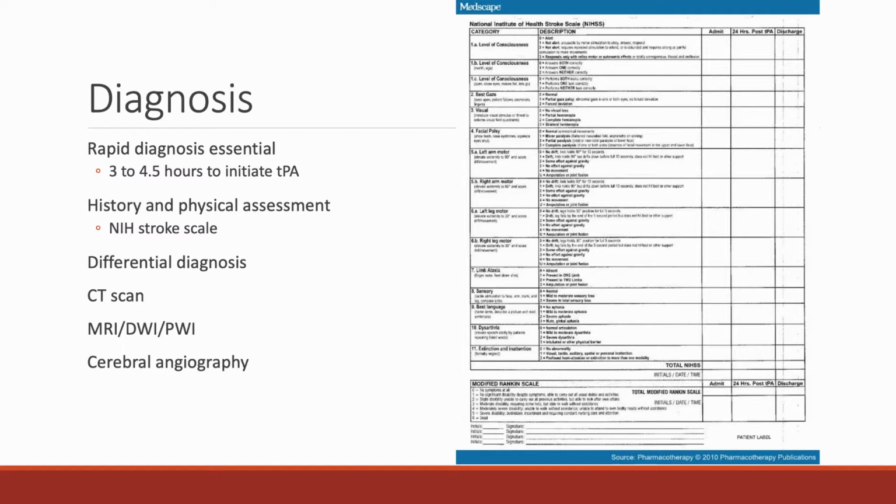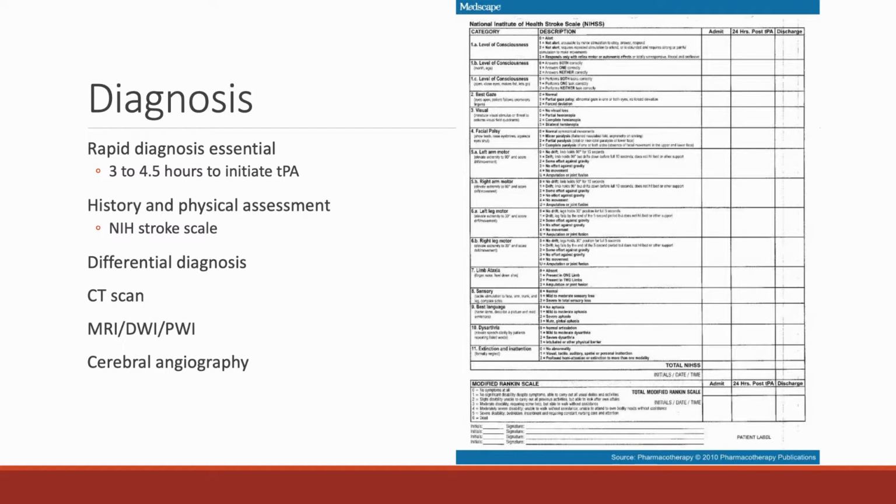Those of you who have done the NIH stroke scale in clinical or in the sim lab know that it is a very complex tool. It requires special training in order to administer it correctly, but it is very useful in gauging the severity of a stroke.